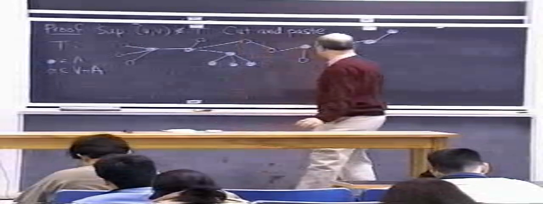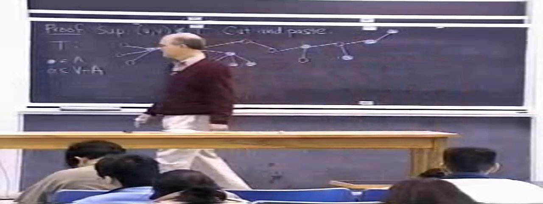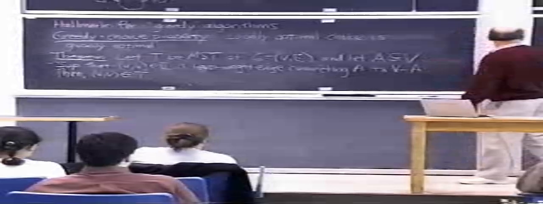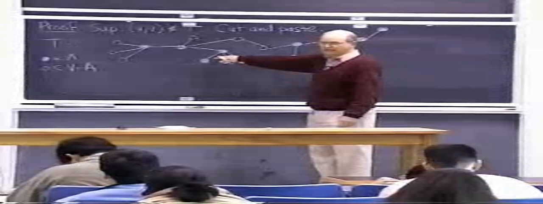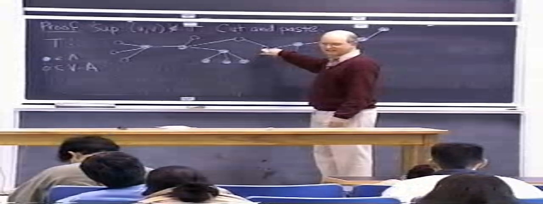Okay, so this is my graph, and now I've got a minimum spanning tree, and I have a subset in V, and now I have my edge UV. That's the least weight edge connecting a blue vertex to a black vertex.